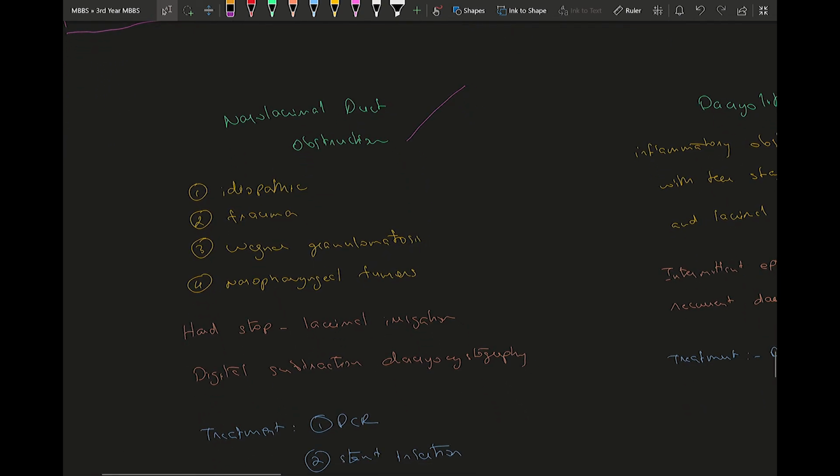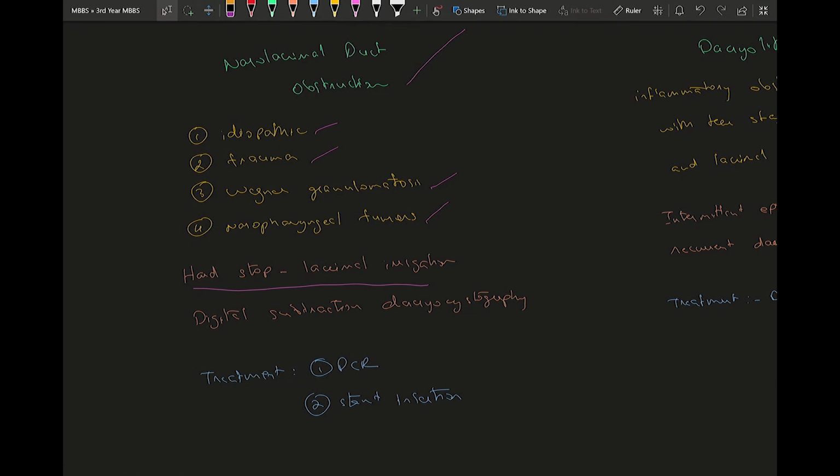Nasolacrimal duct obstruction, again, can be idiopathic, traumatic, granulomatous, or due to nasopharyngeal tumors. This is going to cause a hard stop in your lacrimal irrigation, and the treatment options for this would be dacryocystorhinostomy and/or stent insertion.